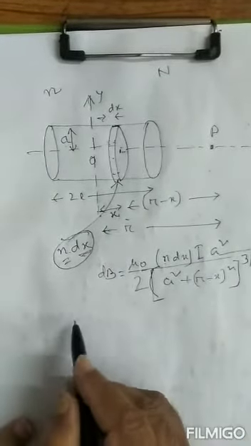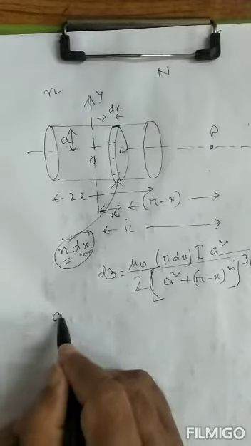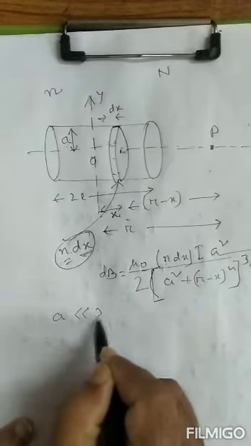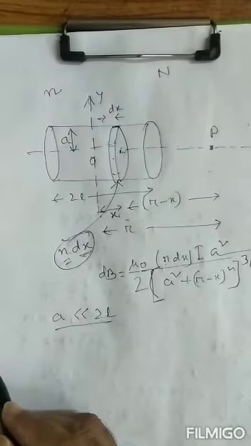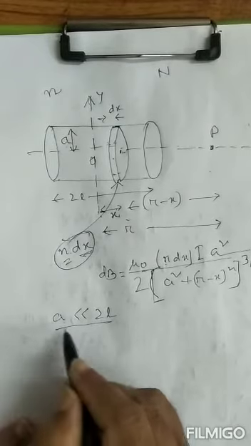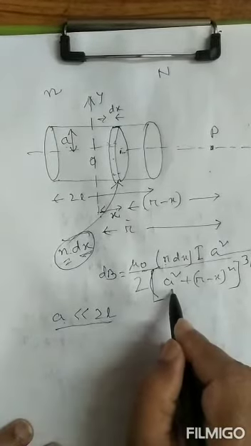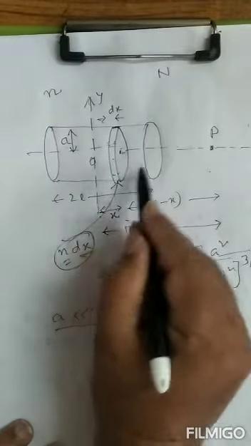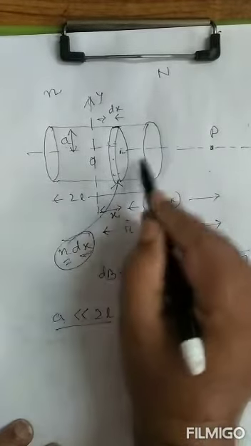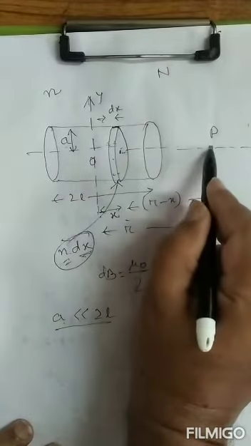Normally in a solenoid, the diameter of the coil A is less than the length of the solenoid. So therefore A is very small here. Again, as compared to this length of the solenoid, this distance R is normally large.